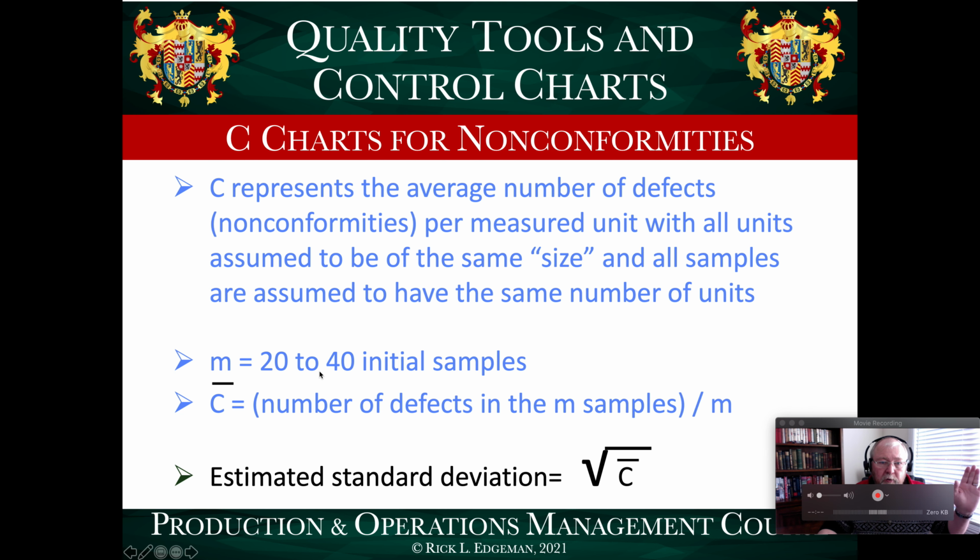So what we would do is we would simply get the number of occurrences of the event in the first sample, the number of occurrences in the second sample, the third, the fourth, the fifth, let's say 25. Add those up and average them. And that would be my estimate of c for the Poisson distribution. And then I'd take the square root and then I have the estimated standard deviation.